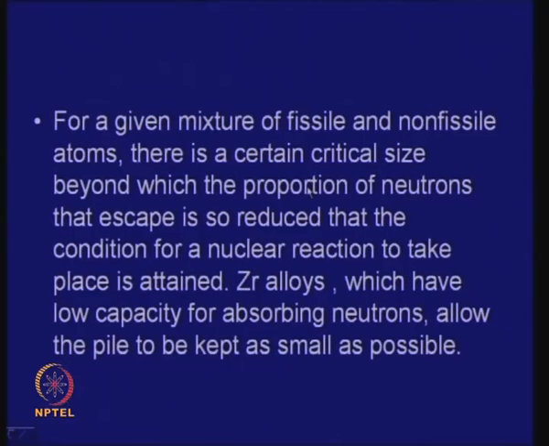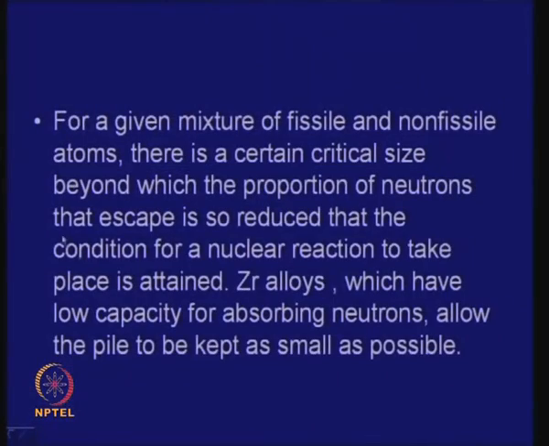If the size is too small, then no matter what you try, the thermal neutrons just do not have enough mass around to get all absorbed, they will escape the system. So, there has to be a critical mass for a given mixture of fissile and non-fissile material.